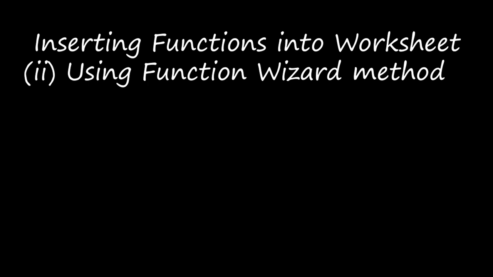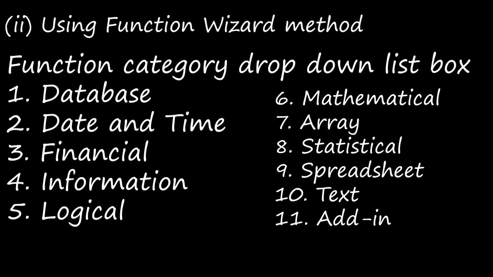This function wizard has two tabs. First, let's see the function tab. This function tab has a list of categories available in the drop down list box. In this Calc, the functions are categorized into 11 types: database, date and time, financial, information, logical, mathematical, array, statistical, spreadsheet, text and add-in.